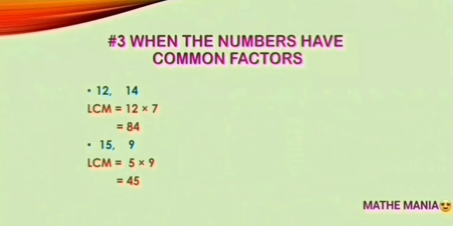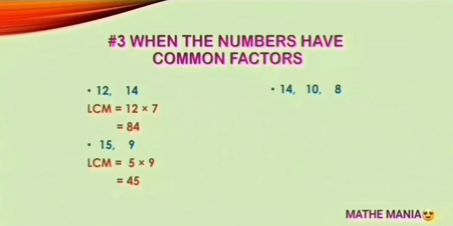We can apply this method for more than two numbers also. If we have 14, 10 and 8, the greatest number which divides all of them is again 2. We have to cancel all numbers except 1. So cancelling 14 by 2 I get 7, cancelling 10 by 2 I get 5.